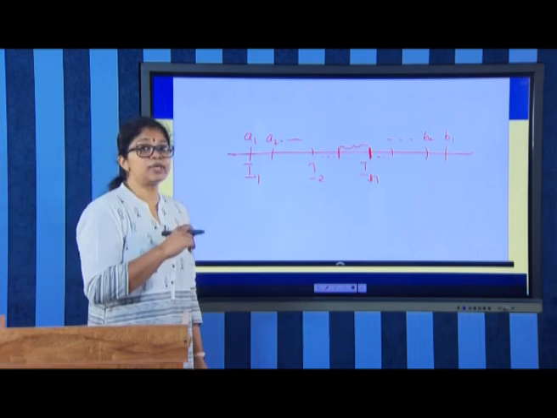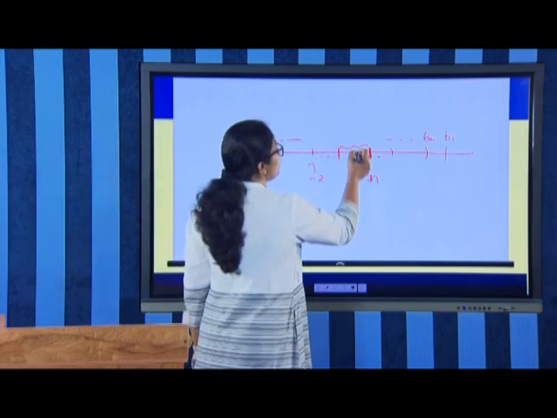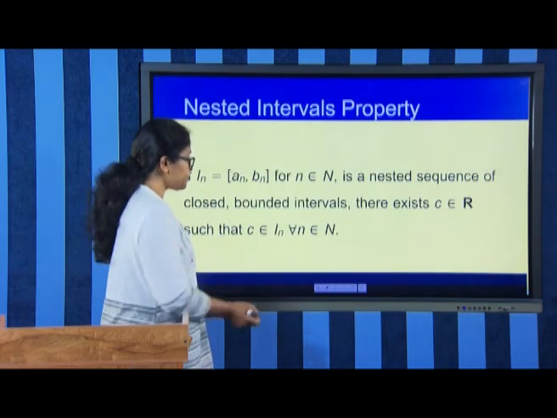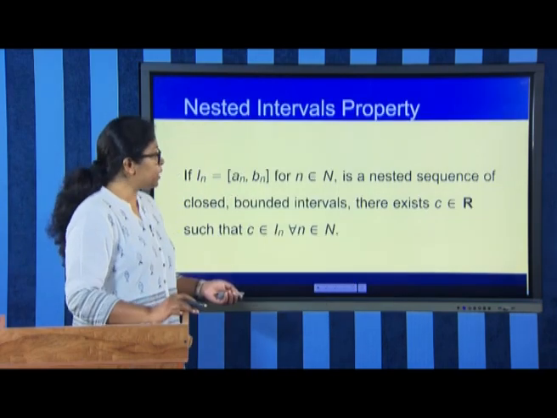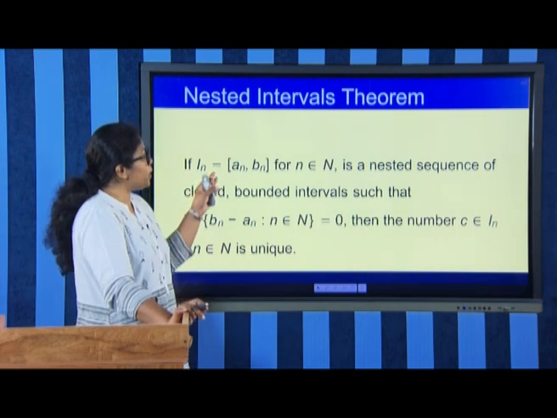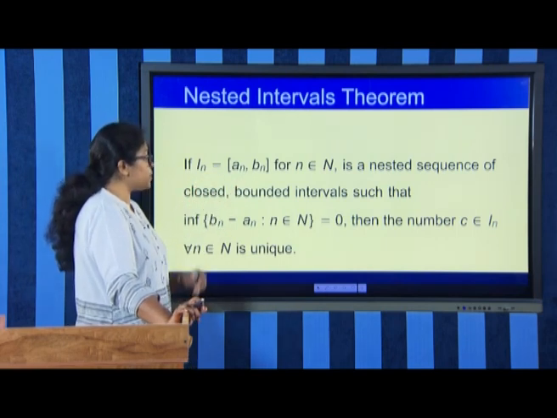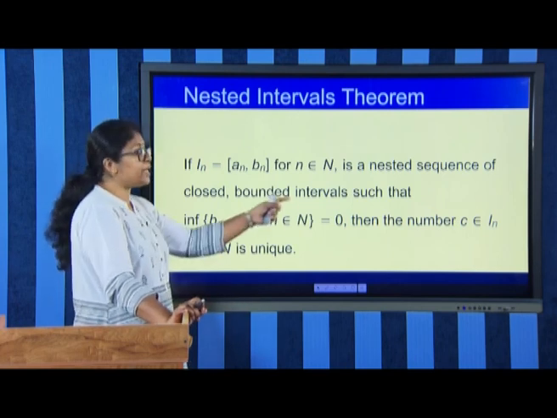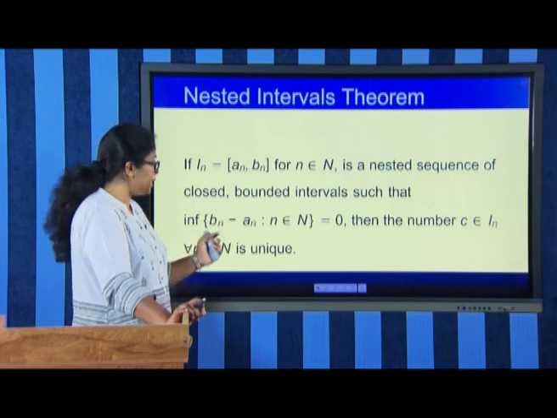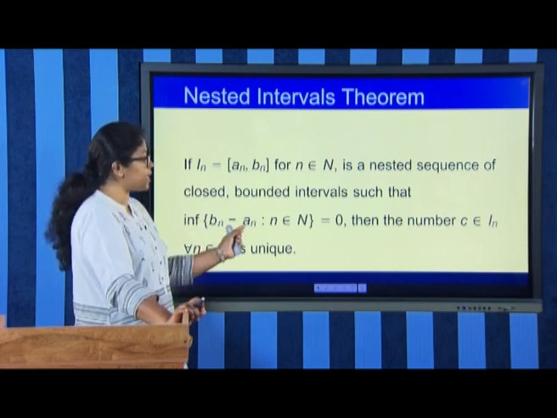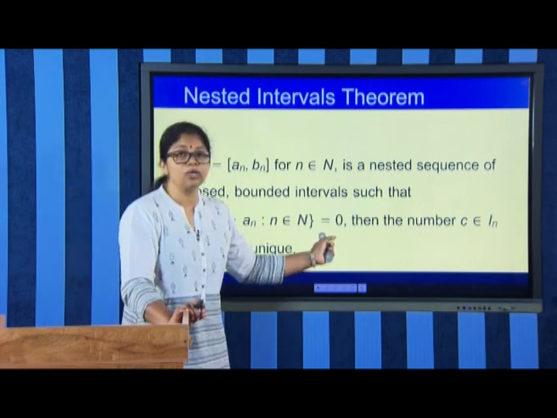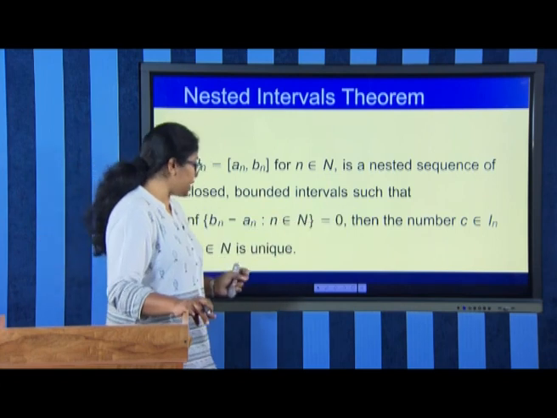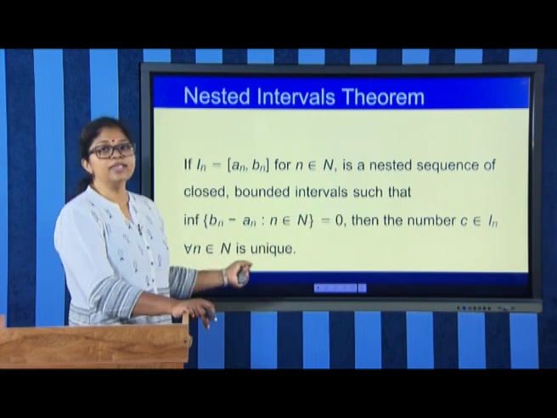Now, what ensures that the common point becomes a unique point? That is what we can see in the next slide. We have a result. If In equal to [An, Bn] is a nested sequence of closed bounded intervals as in the previous case, and additionally we have one more property, that the infimum of Bn minus An is exactly equal to 0, then there exists a number C in In such that that number is unique.